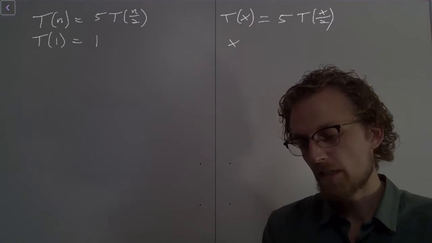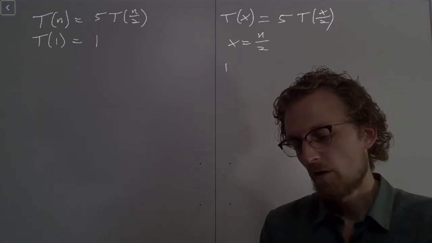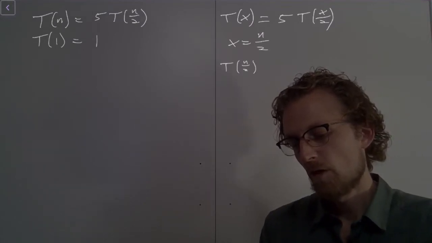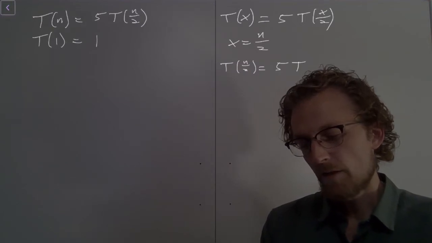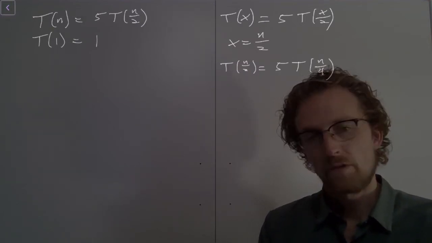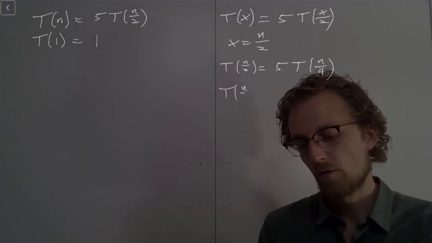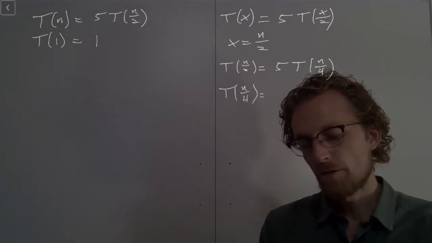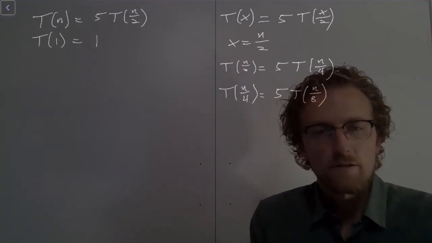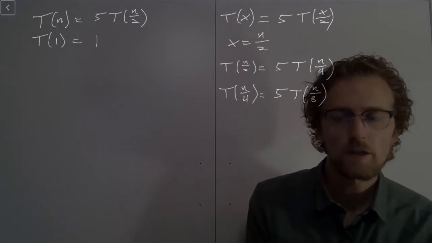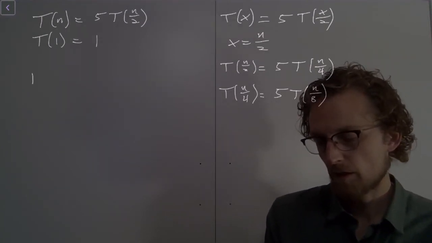All right, so if x equals n over 2, then I have t of n over 2 equals 5 t of n over 4. So I know I'm going to need to compute n over 4, so let me just do that. So t of n over 4 equals 5 times t of n over 8, right? This is not at all unexpected.